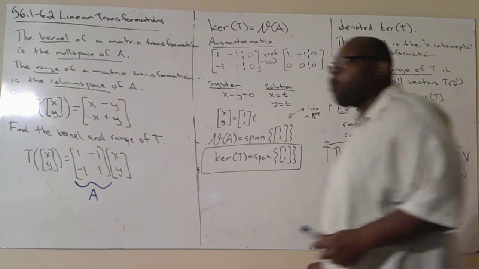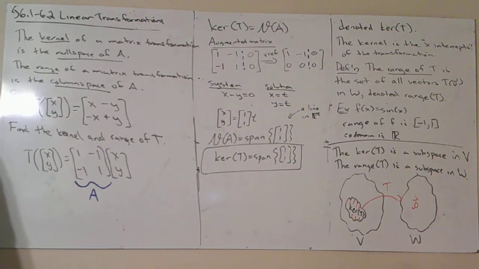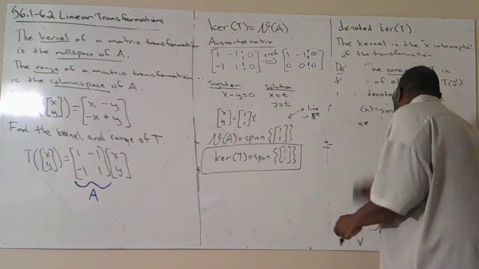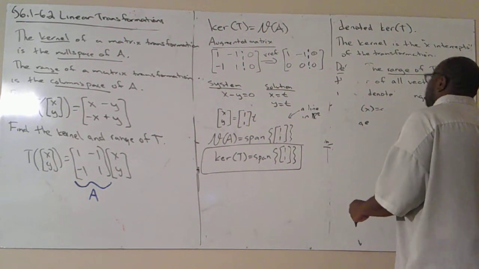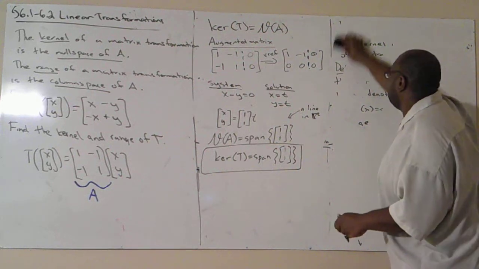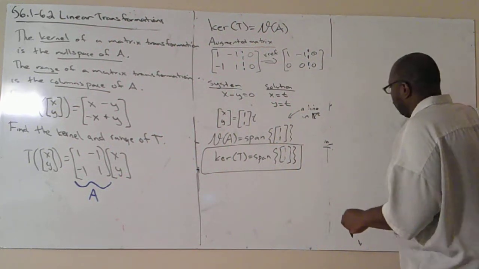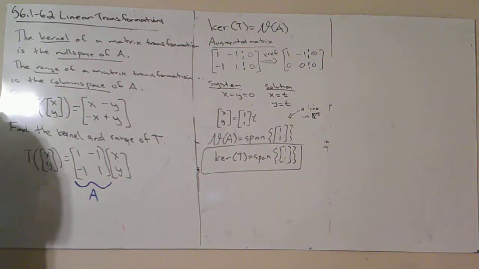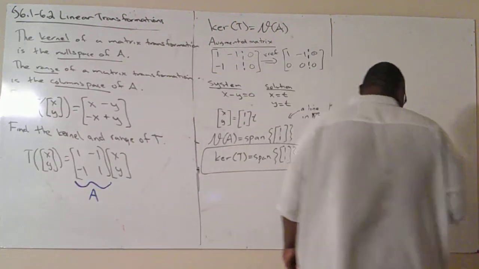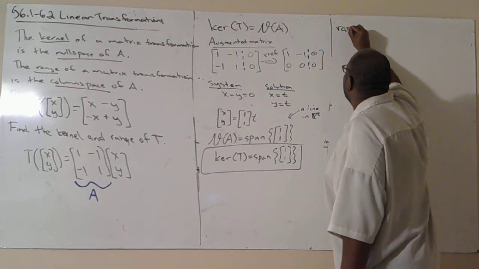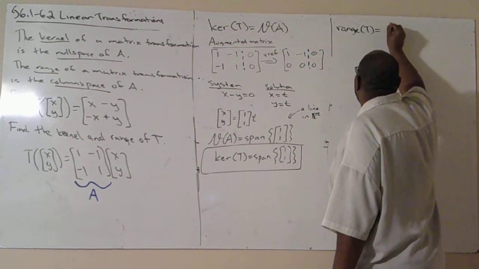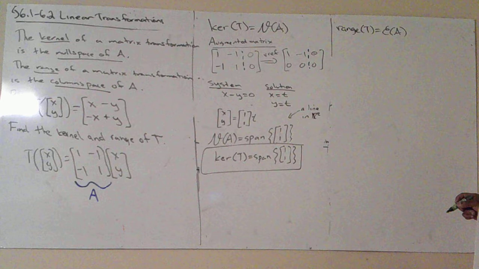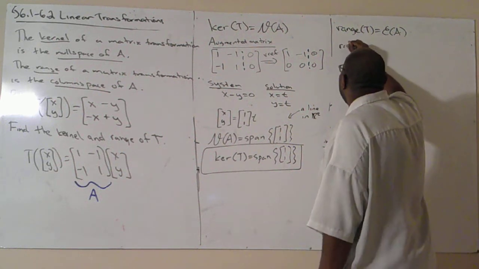Okay, let's do the range of T. The range of T is going to be the column space of A. Essentially I need to find the reduced row echelon form of A transpose, right?